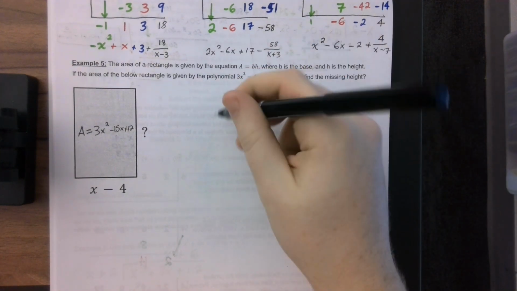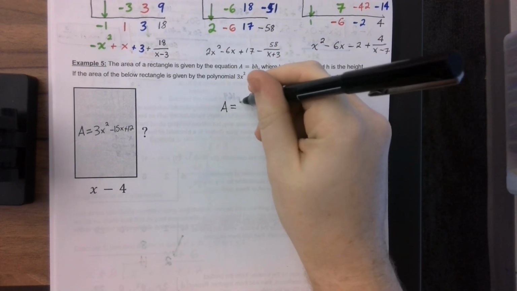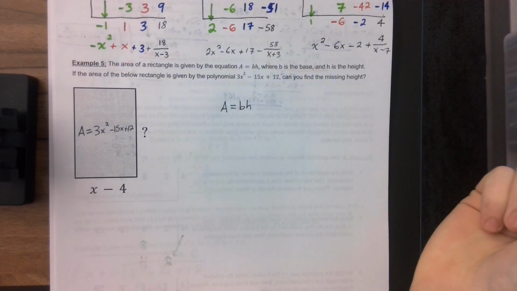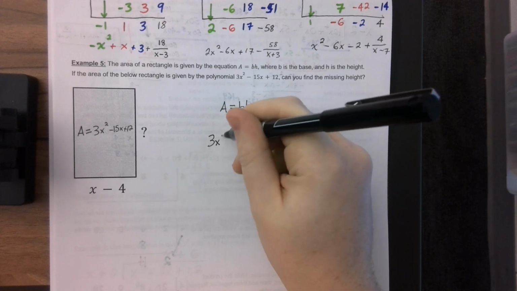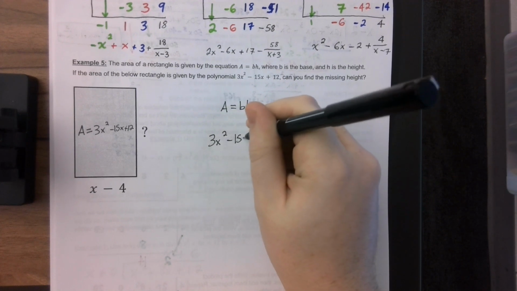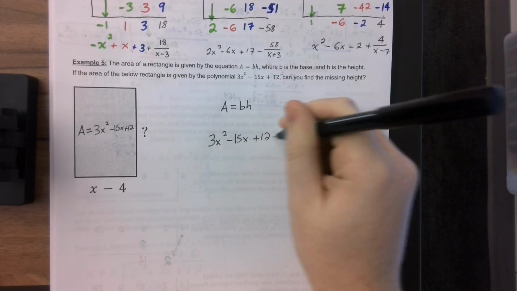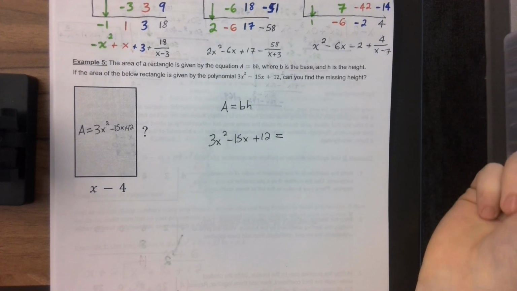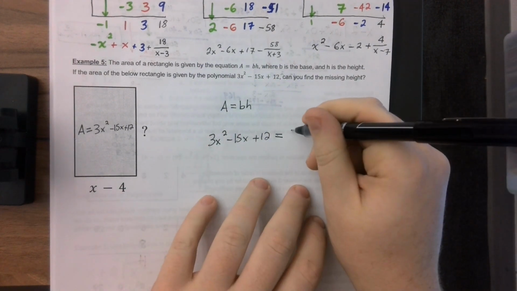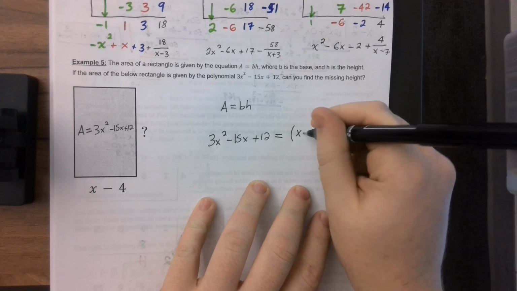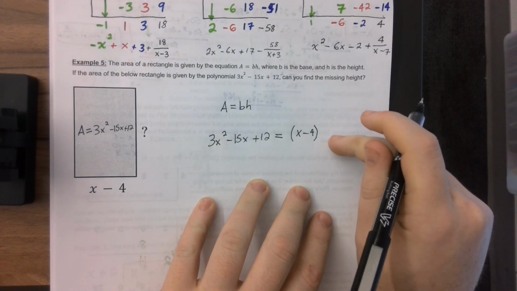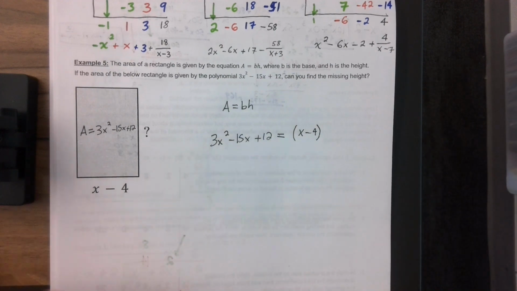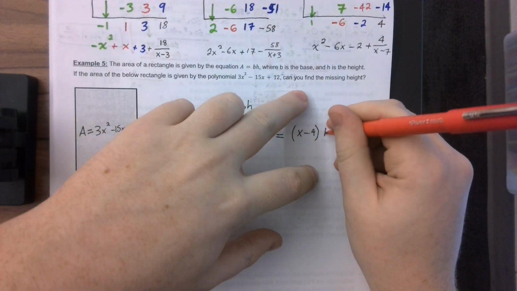Let's write this out in an equation. So area equals base times height. Well, we know the area. The area is 3x squared minus 15x plus 12. And it looks like we're given the base as well. The base is x minus 4. But the height, we don't know. That's what we're trying to solve for.